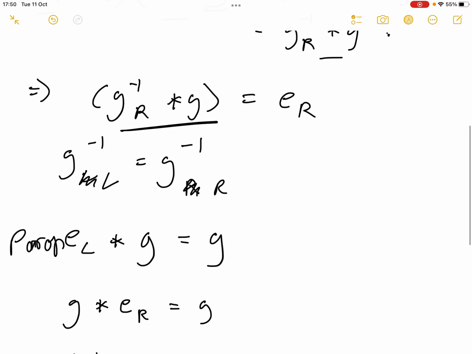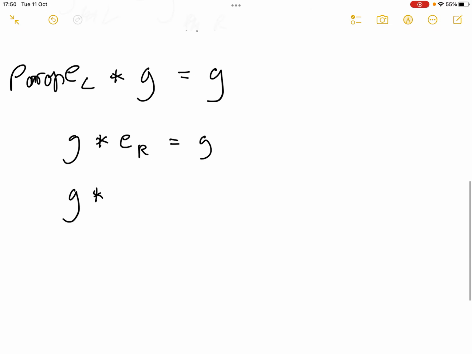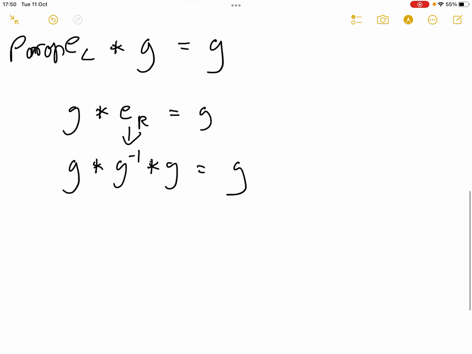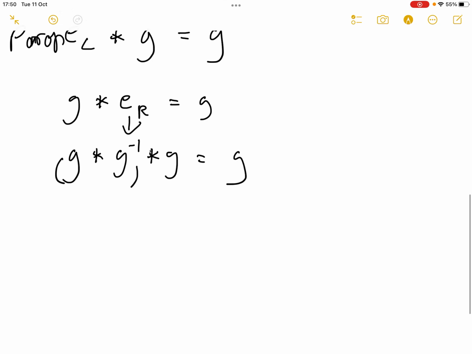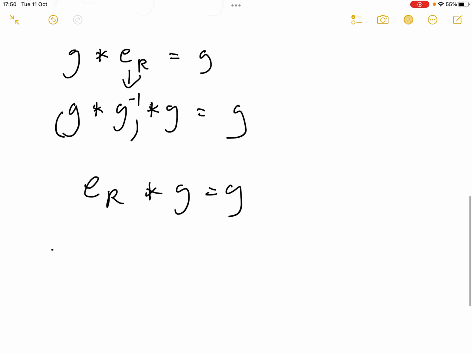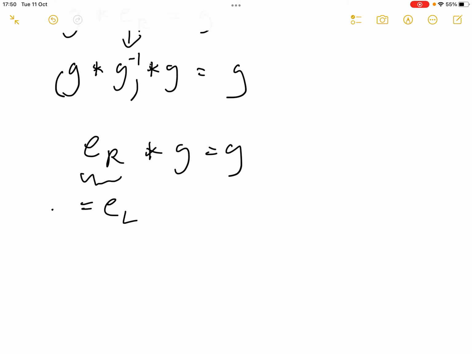we have from here that this is actually just G inverse star G. But then we also know that this is E R, and therefore we have that this is equal to E L. So I hope you followed.